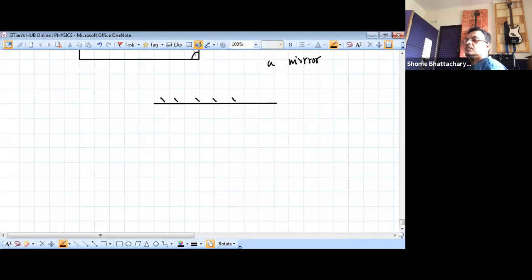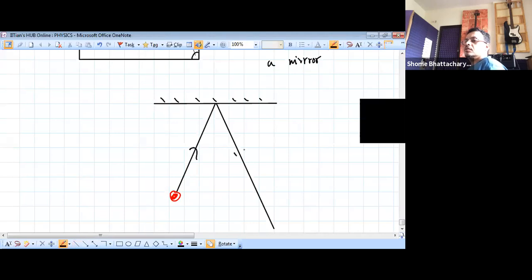As if this is the mirror, and whatever is coming and hitting it, it should have a path such that this is the perpendicular you are dropping.